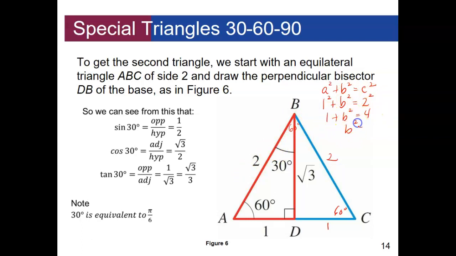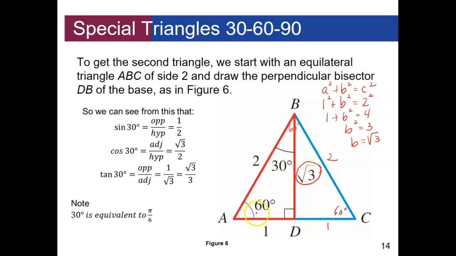So I get b squared equals 3. So b is going to be the square root of 3 if I take the square root of both sides, and that's where this value here is coming from. So we start with sides of 2, split one of the sides, and then use the Pythagorean theorem to find the length of this side.